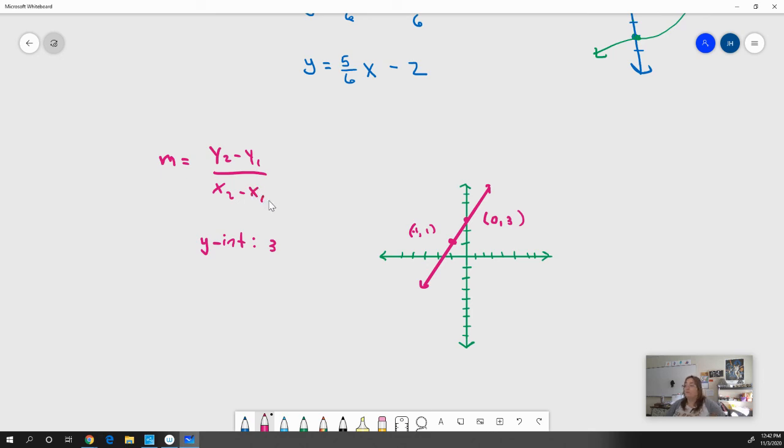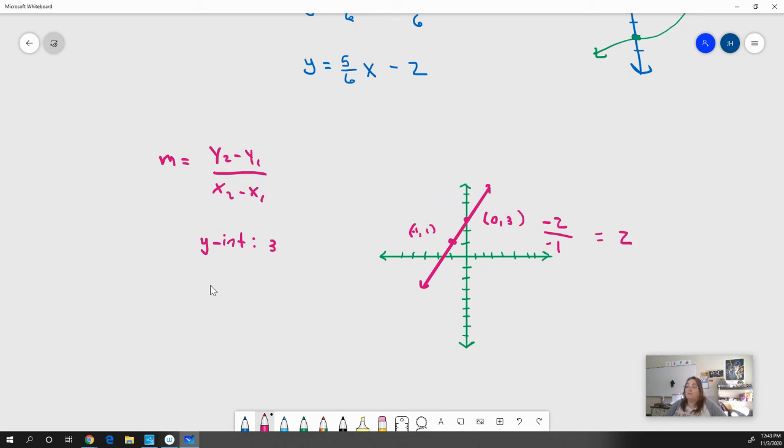Or I can be really crude and just count. My rise just goes down 2, and then over 1. So it goes negative 2 and negative 1, which is the same as saying 2.